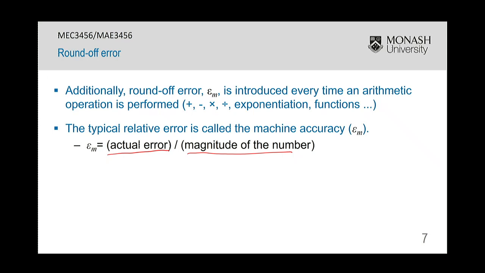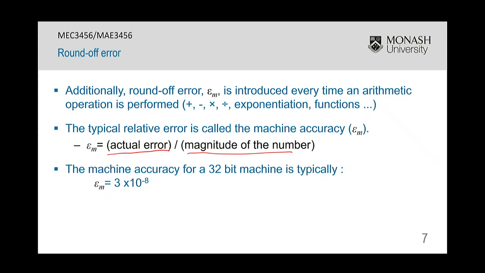So if you have a number 1 million and you do some arithmetic operation on it and the error is 10 to the minus 6, then the relative error is 10 to the minus 12, and it's small. If, however, your number is of order 10 to the minus 6 and the error is order of 10 to the minus 6, the relative error is of order 1 and the error is very significant.